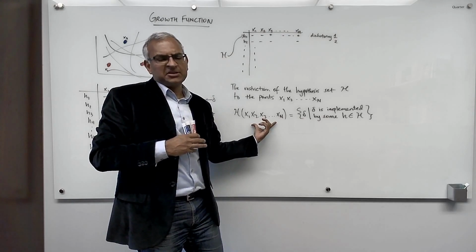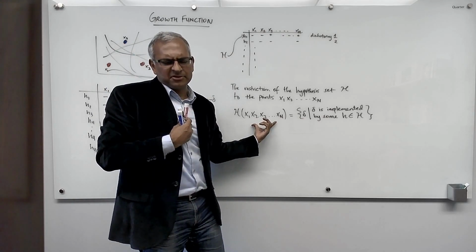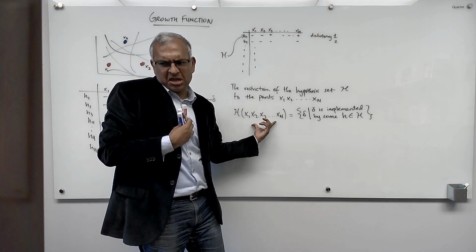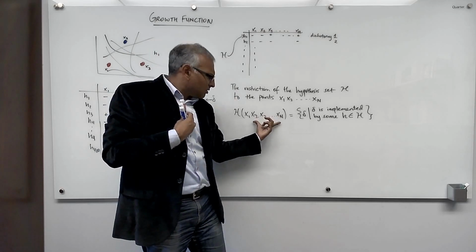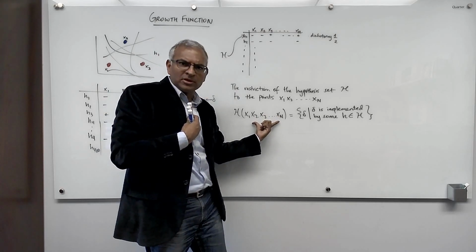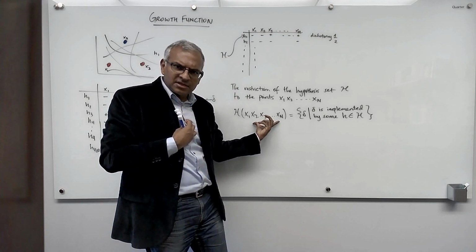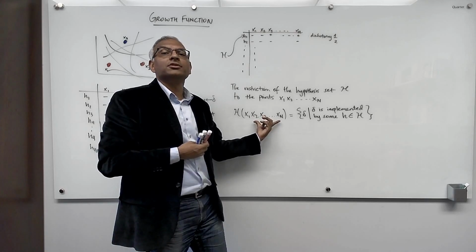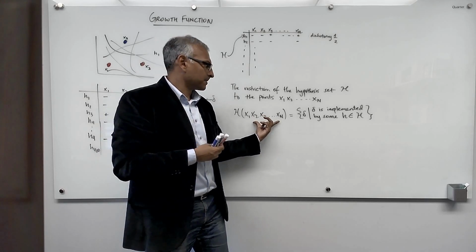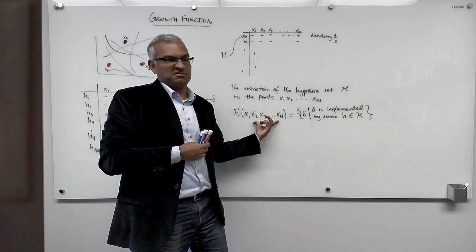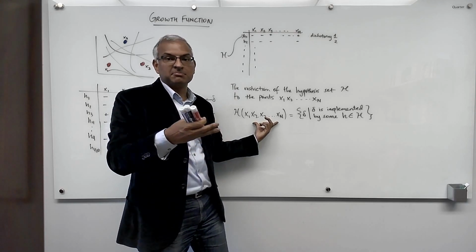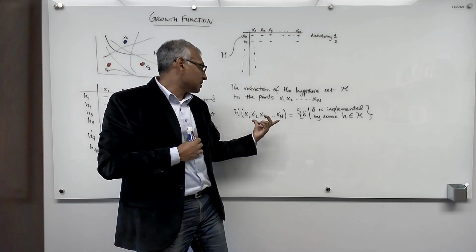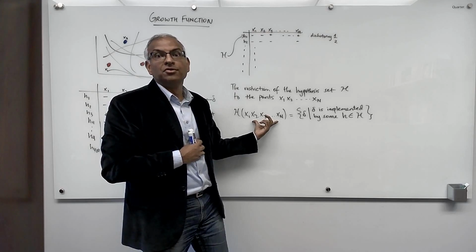It's saying that you might have as complicated a hypothesis set as you want. I don't care. What I really care about is what you can do for me on these points. If your hypothesis set is not only large but diverse, you'll be able to do all the 2 to the n dichotomies. If your hypothesis set is not diverse, and contains mostly the same functions, then you might only be able to do 2 or 3.